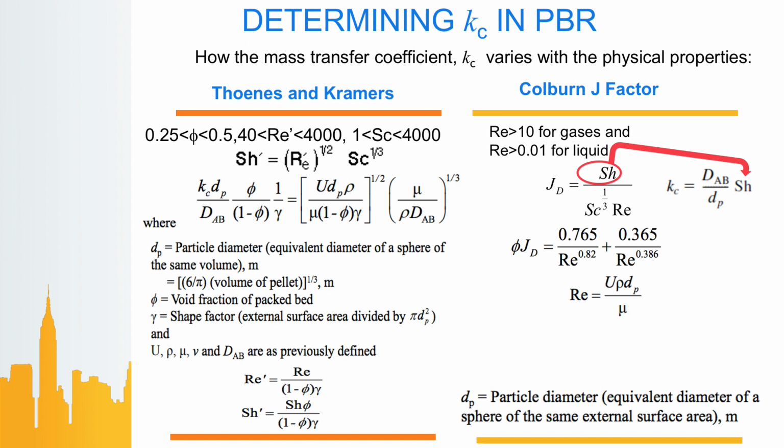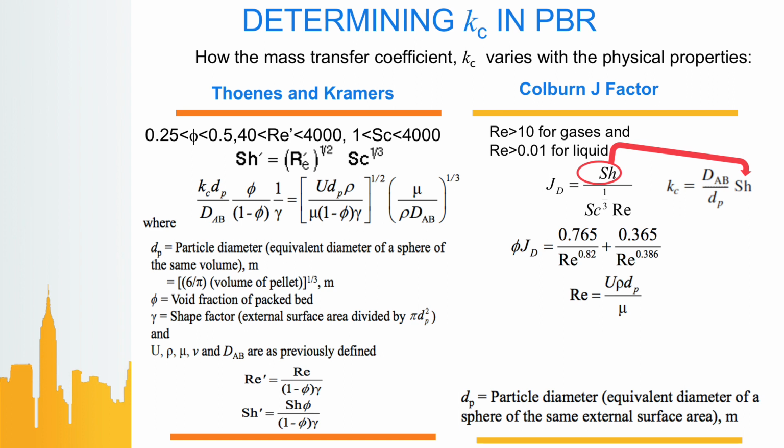Now if you want to calculate Kc using the Colburn J factor, in order to solve for Kc, you need to calculate the JD value first. JD is equal to Schmidt over Schmidt 1 to the power of 1/3 times Reynolds number. If you look in your textbook, this is equation 11.68.